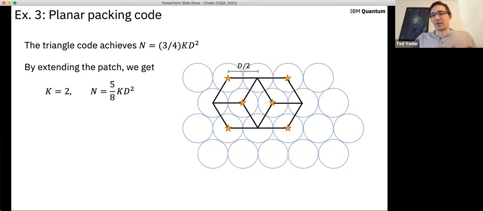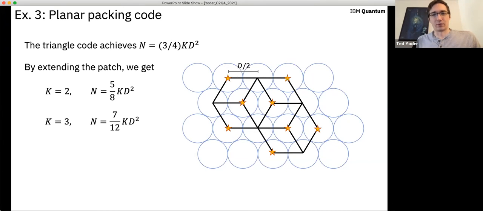And so now you can extend the patch. Again, the stars are supposed to represent these odd degree vertices. And so with this first extension, you encode an additional logical qubit, and now n equals 5/8 kd squared. So we're actually improving this constant, reducing the constant as we extend, and so on.